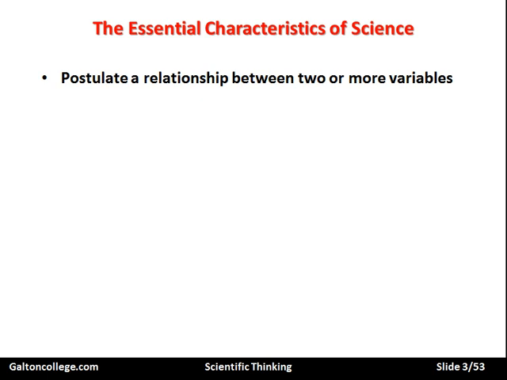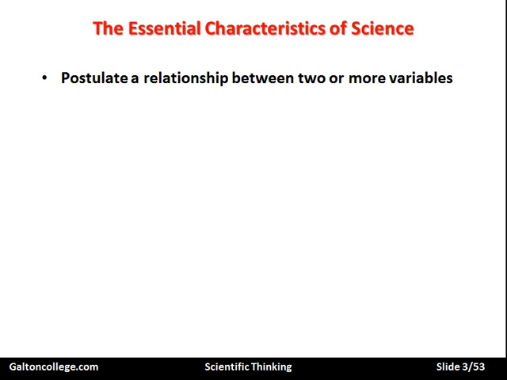Or it could be something in business. It could be a cut in price will generate more sales. It's a scientific statement. It's a very positive statement. It's saying that if the price of a product is reduced, there will be more sales. It's postulating a relationship between price and sales.